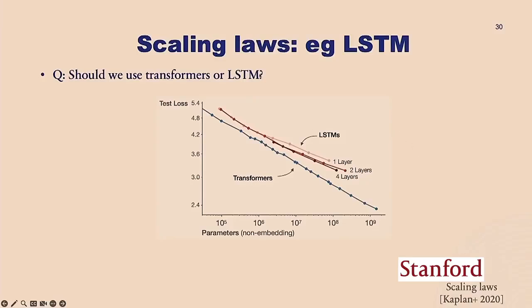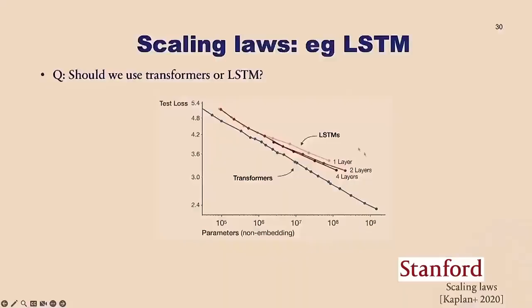For the LSTM, it's actually slightly less linear, but you could probably try to predict where you would end up. And clearly from this plot, you would see that transformers are better. One thing to notice when you read these types of scaling laws is that there are two important things. One is your scaling rate, which is the slope of the scaling law.